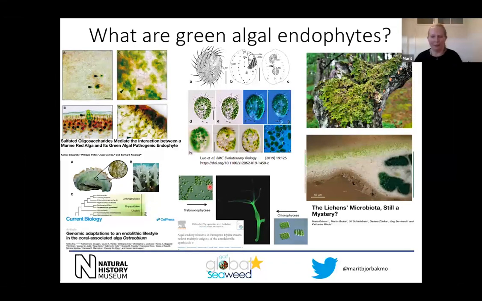And also in sea slugs and in amphibian eggs. They're also well known to form mutualistic symbiosis with fungi, forming lichens, and also, of course, inside seaweed, which is the topic of this talk. They are known from various macroalgal seaweed hosts, where they often are considered to be pathogenic, causing harm to their seaweed hosts.